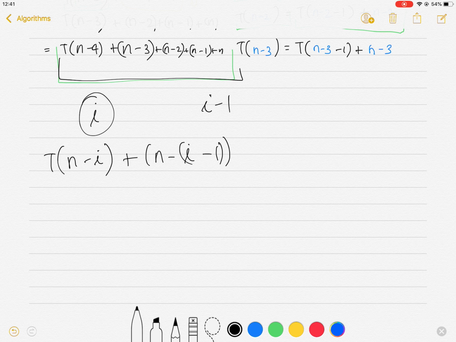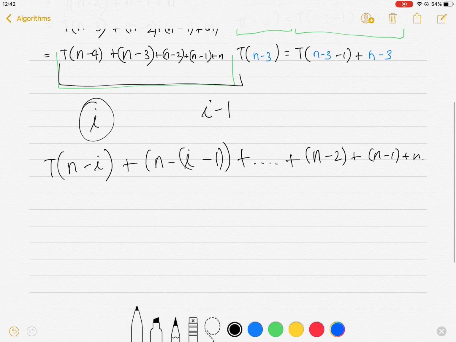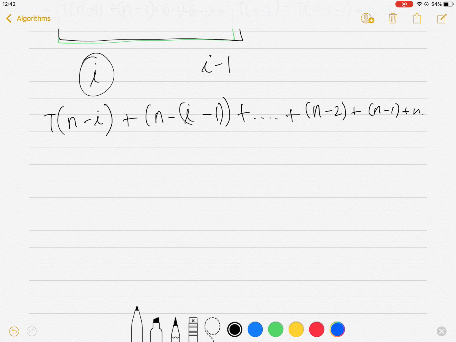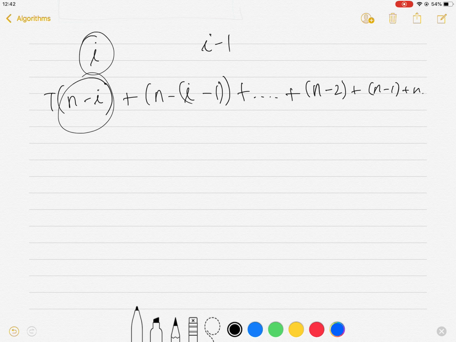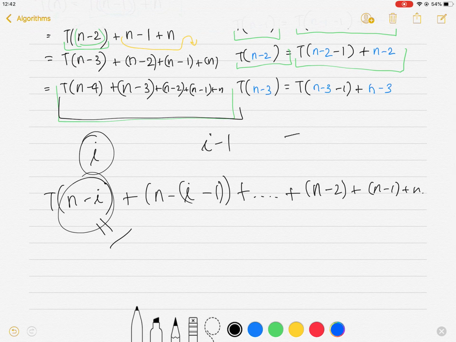Then we have all this middle stuff here, and then it ends in n minus 2 plus n minus 1 plus n. So what is this endpoint? Well, it just equals 1. Unless you're given a base case like t of 1 equals 4, we just assume that it equals 1 because it's simplest.